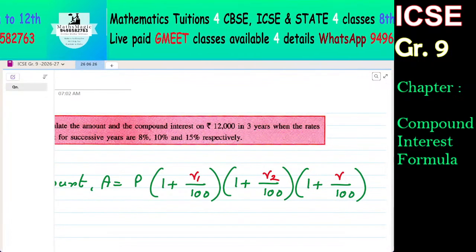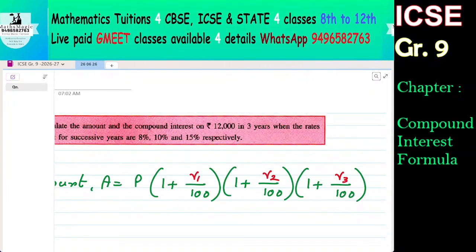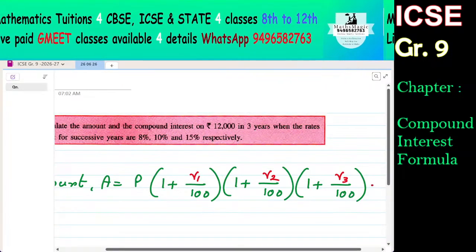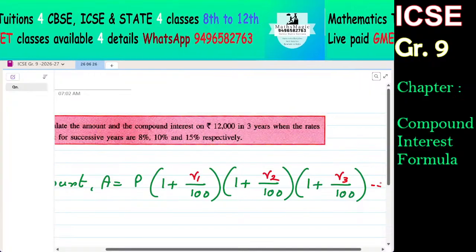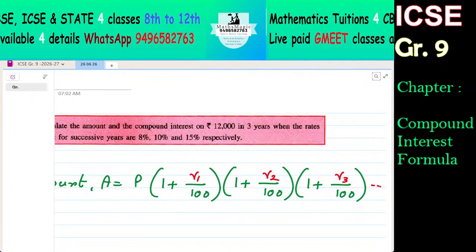And if there are more years, you can just put on the remaining percentage rate of interest like that.